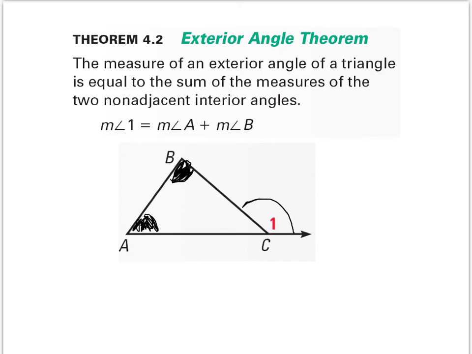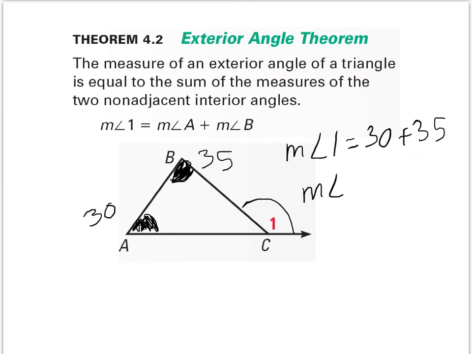So, for example, I'm just going to throw out some random numbers. Let's say this was 30. And this was 35, we would know that the measure of angle 1 had to equal 30 plus 35. And the measure of angle 1 has to equal 65.